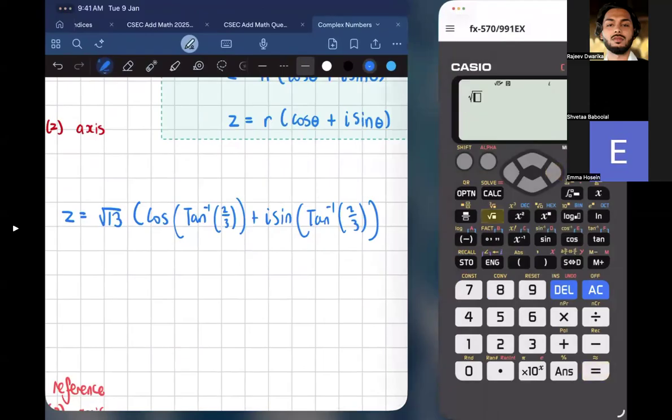So root 13 cos tan inverse 2 over 3, plus i sine tan inverse 2 over 3.